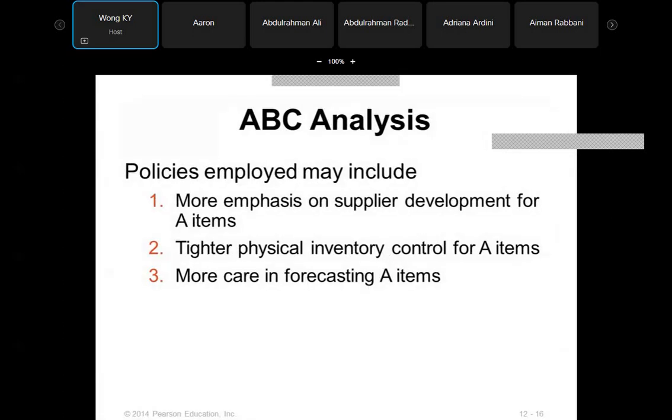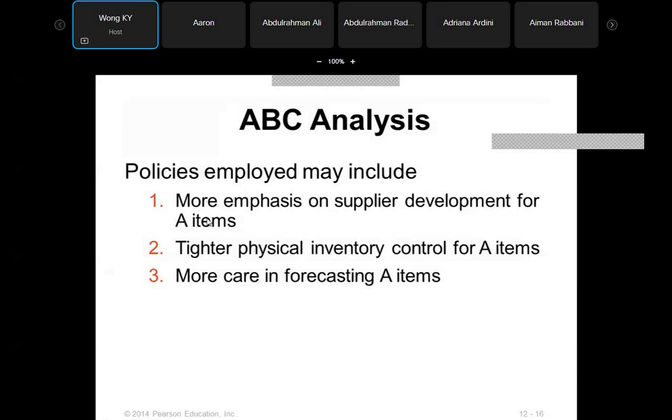Based on the ABC analysis, as I said, we should focus on managing Class A inventory. From there, policies can be developed to manage Class A inventory. What are examples of policies that can be developed? For example, more emphasis on supplier development for Class A items.